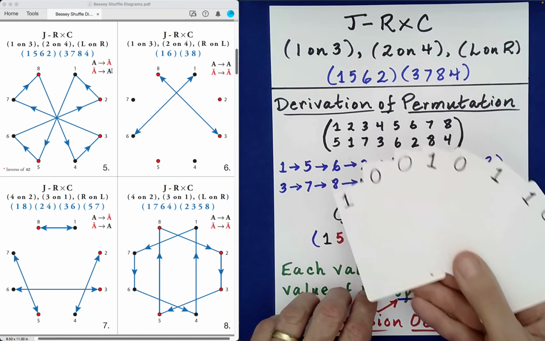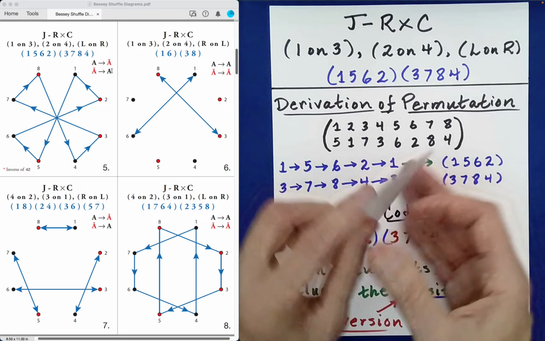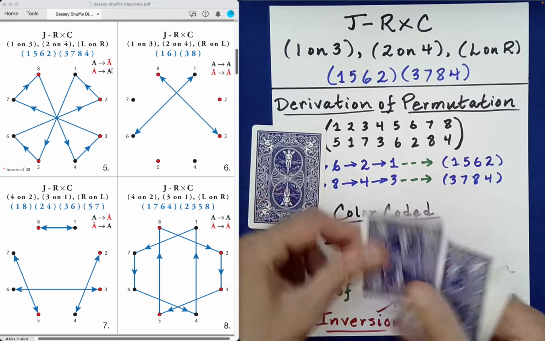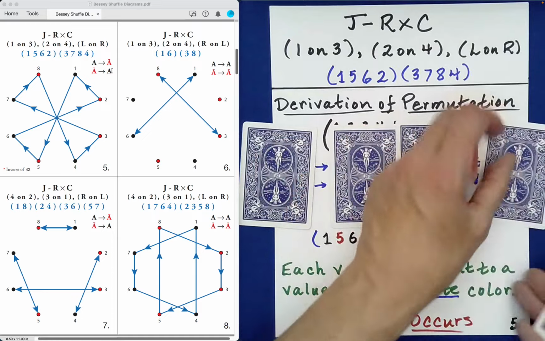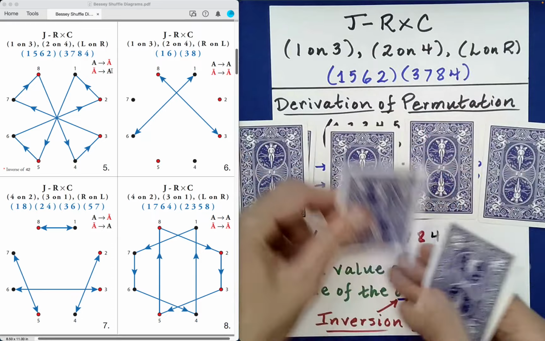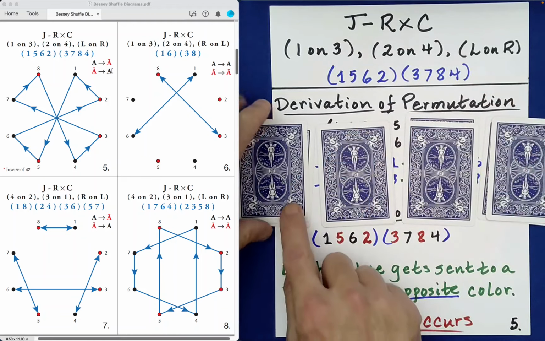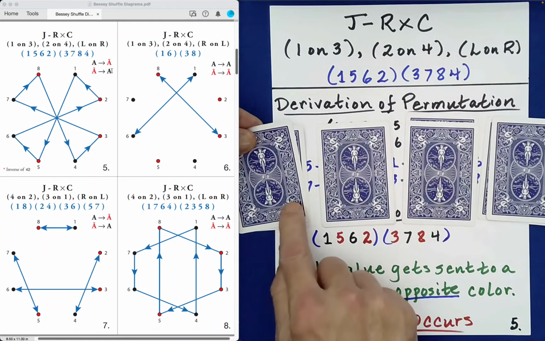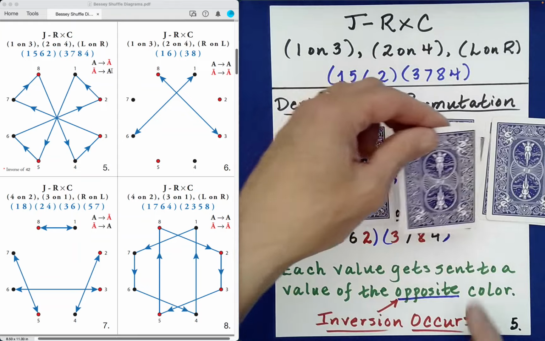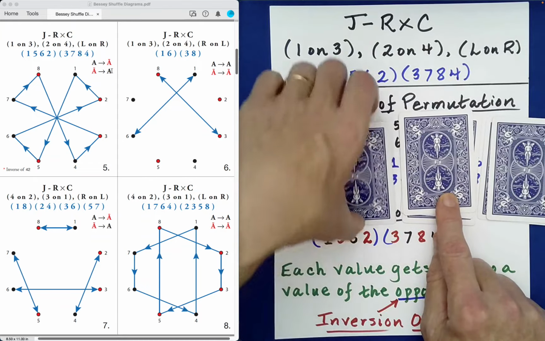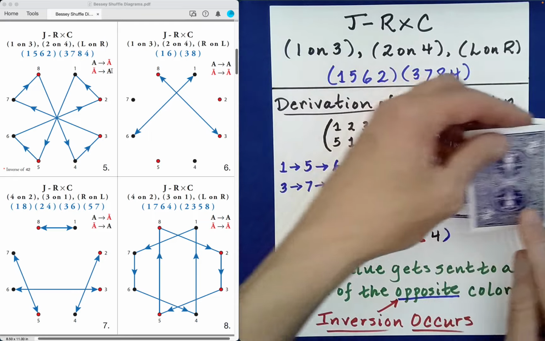So let's go ahead and just show you that inversion, in fact, occurs. So once again, what was this shuffle? We deal into 4 piles, like so, from left to right. And then we're doing this kind of leapfrog. We're going to take this one, this is pile 1, hops over and gets stacked on top of pile 3. 2 hops over and gets stacked on top of pile 4.